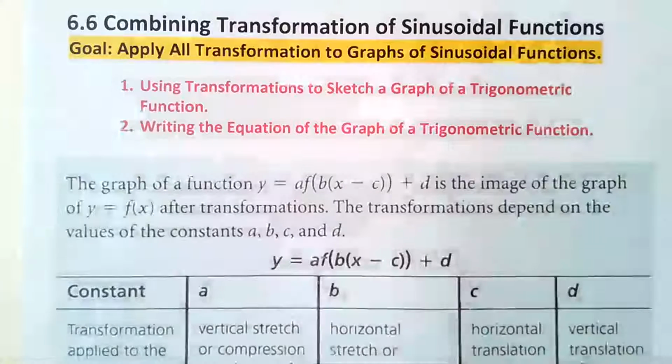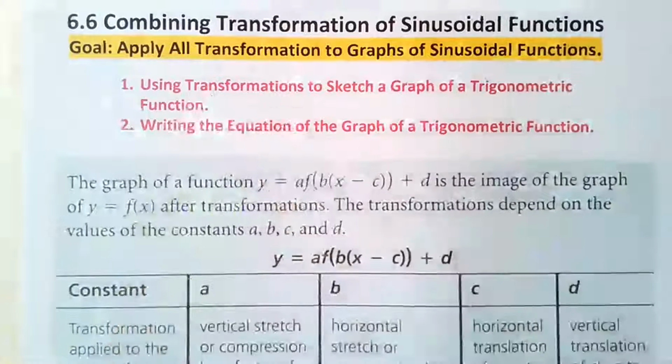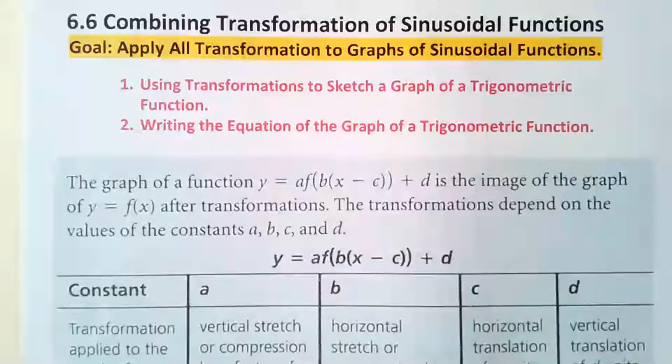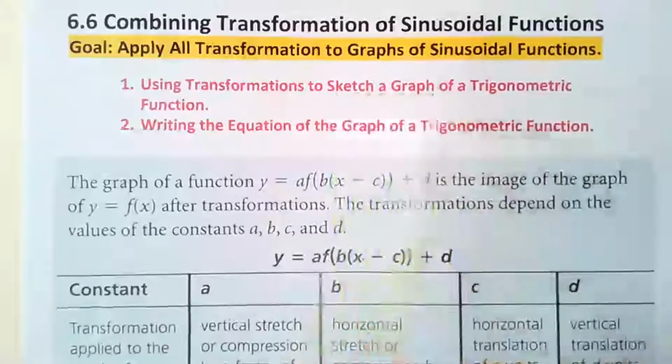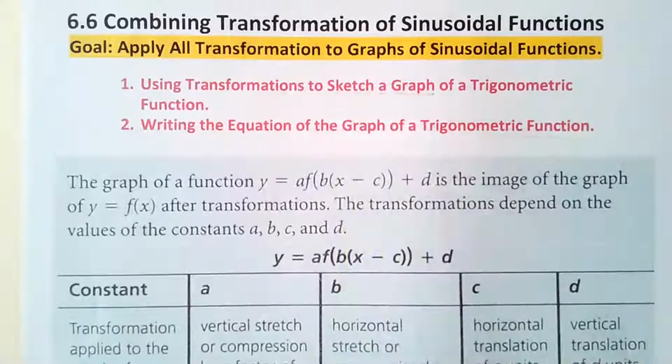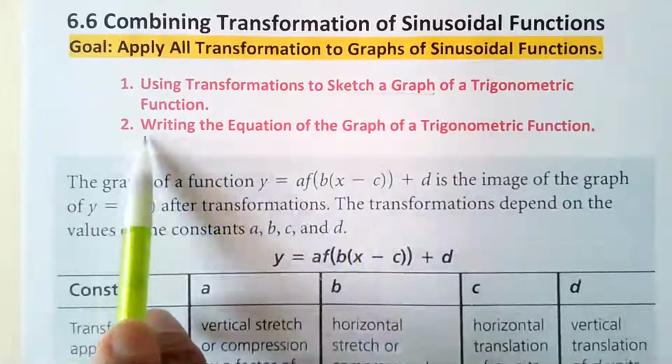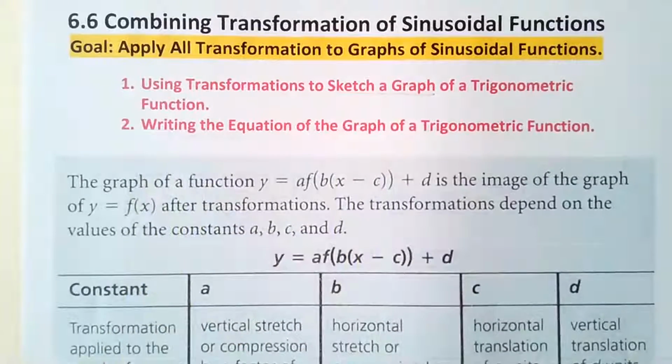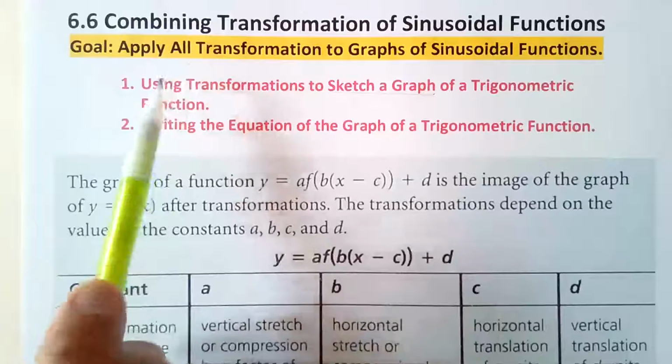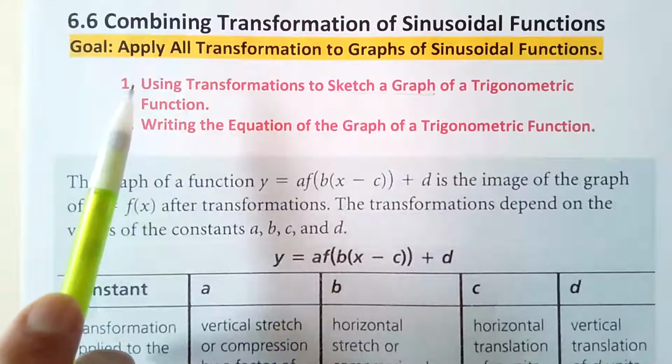We'll achieve that by using transformations to sketch a graph in the first two lessons, and in the third lesson we'll be looking at writing the equation of the graph of a trigonometric function. Through these two ways, we'll be able to apply transformations to the graph of a sinusoidal function.